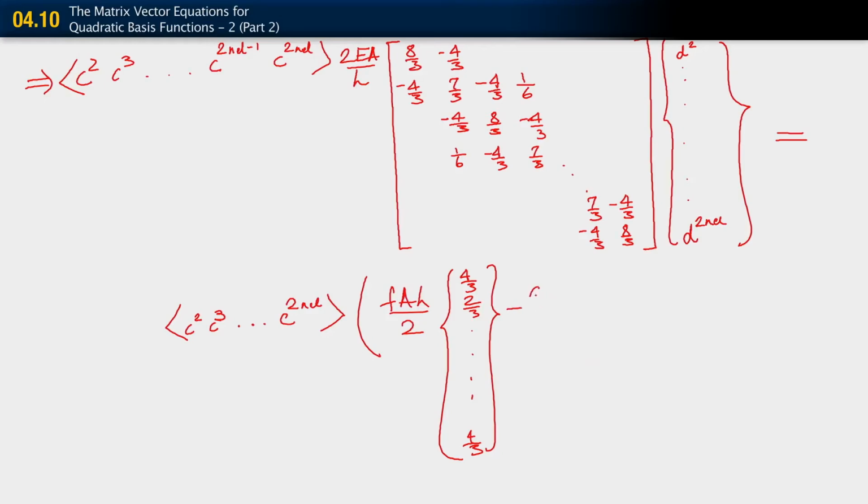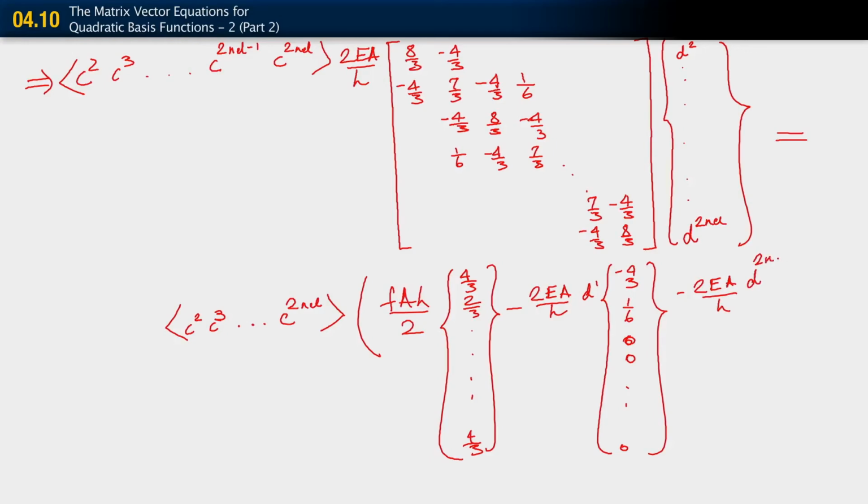The last two contributions are 2EA over H times D1, multiplying the first column of our matrix on the previous slide, which is minus 4/3, 1/6, 0, zeros all the way down, and minus 2EA over H D2NEL plus 1 multiplying 0, 0, zeros all the way down except till we come to the last two entries.